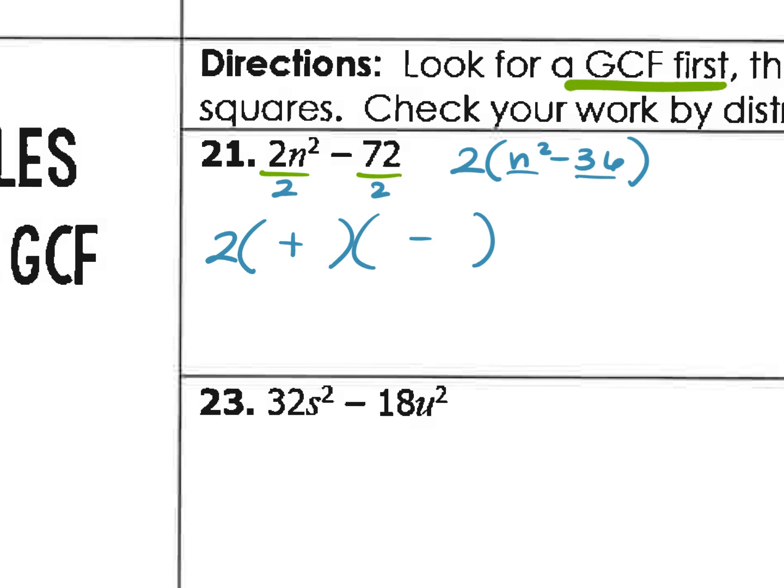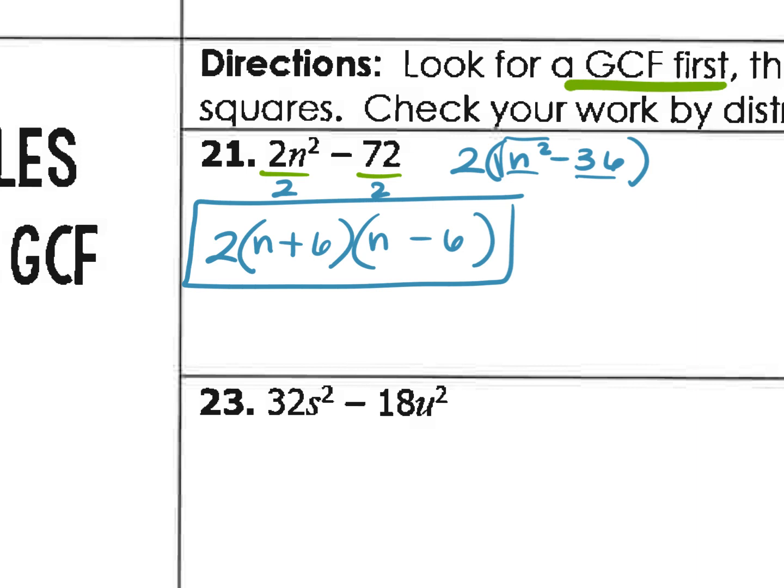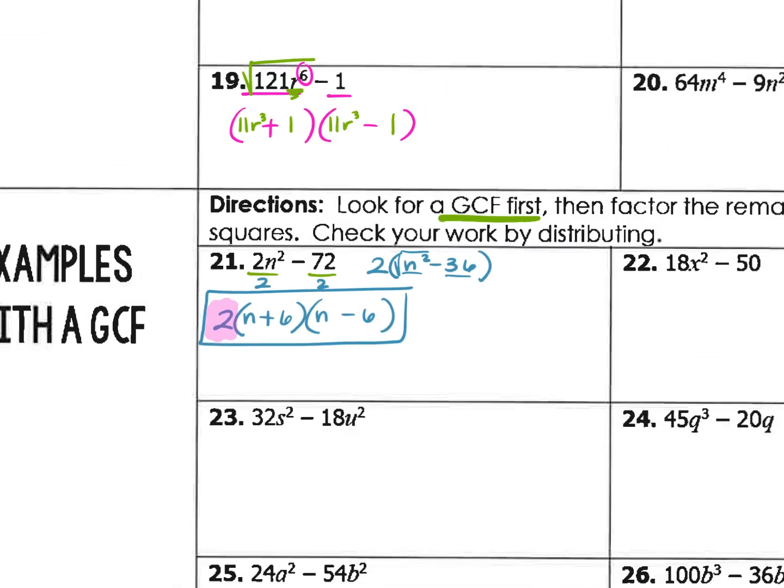What do you get in your binomials? What's the square root of n squared? N. And what's the square root of 36? 6. So n plus 6 and n minus 6. Just be really, really careful that you don't leave that guy off. Because if you do, your answer's wrong. It doesn't simplify to the same thing.